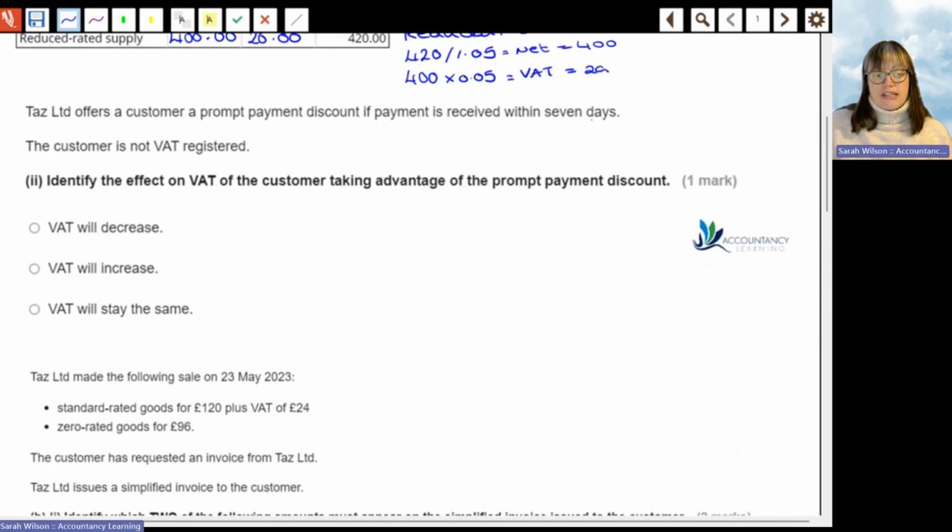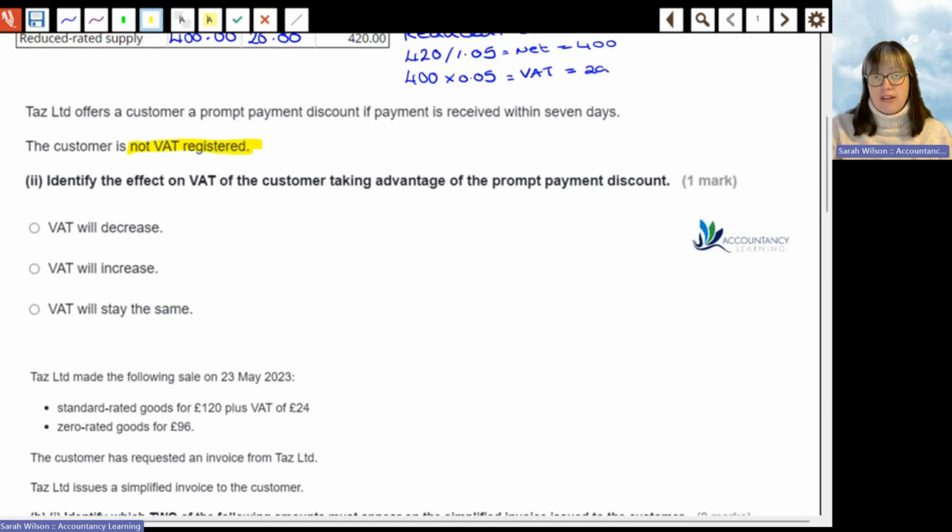The next part then is TAS Limited offers a customer a prompt payment discount if payment is received within 7 days. The customer is not VAT registered. Identify the effect on VAT of the customer taking advantage of the prompt payment discount. So because the customer is not VAT registered, it means they're going to be paying the VAT in full.